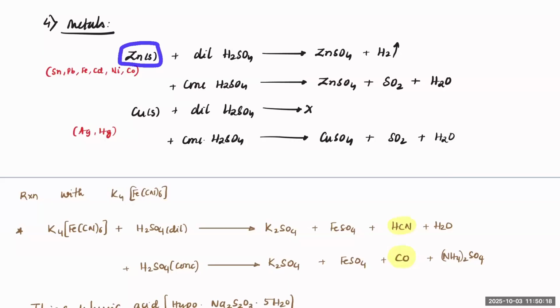Zinc, when you react with dilute H2SO4, can convert into ZnSO4 plus H2. And if you react with concentrated H2SO4, now what happens in the case of dilute? Because H2SO4 does not have that strength to oxidize, zinc will still get oxidized, but it is the hydrogen which will get reduced.